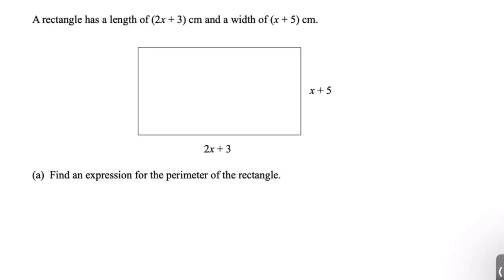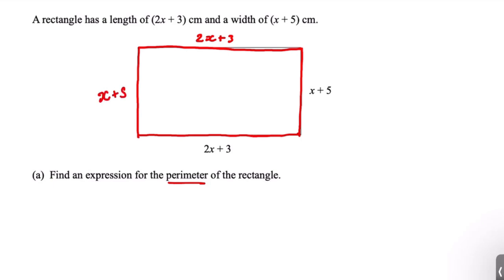Okay, so when we're working out a question like this, again, it says perimeter, so you know that the perimeter is the distance on the outside of the shape. So we know for a rectangle, if this length is 2x plus 3, then this length is also 2x plus 3. And if this length is x plus 5, then this length is also x plus 5.